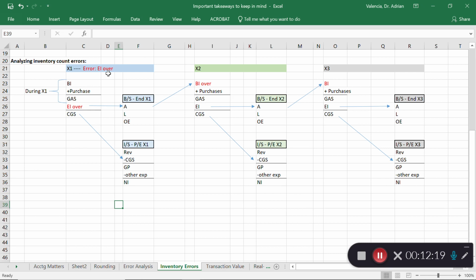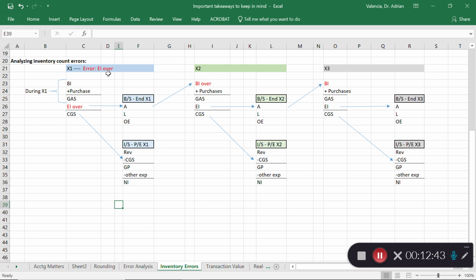Now, let me step back a second here. If I noticed that I made this error as I counted, then I would correct that and I would not have the error, right? What we're talking about here is an error that we don't know about. And maybe it comes up later on in another fiscal period that we made that mistake, or maybe it never comes out.